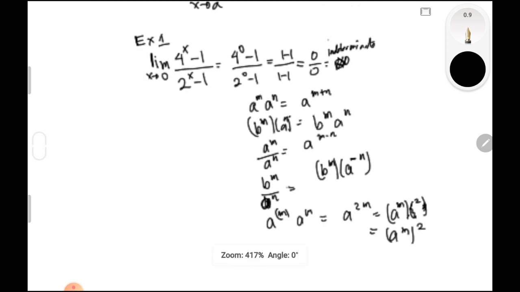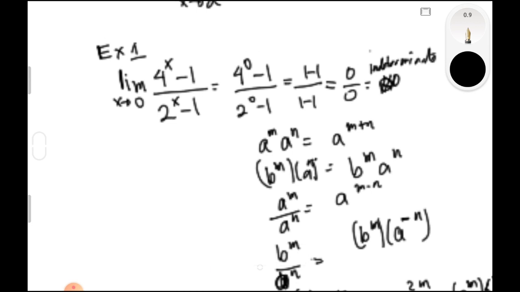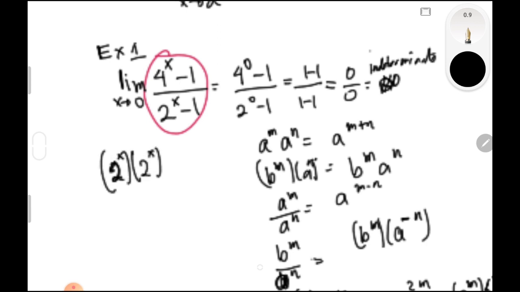Okay? So therefore from this, 4 raised to x minus 1 all over 2 raised to x minus 1, we can simply manipulate this equation, okay, into 2 raised to x multiplied by 2 raised to x, minus 1, all over 2 raised to x minus 1.